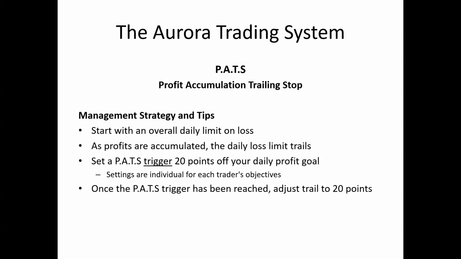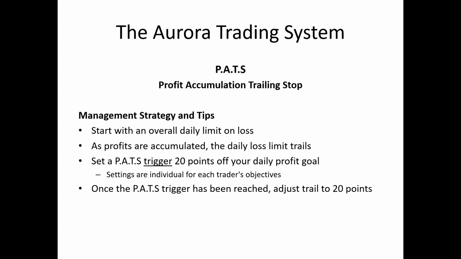If I get to a point where I've accumulated 45 points of profit, I'm not going to give back 45 points plus 85 points. So the concept of PATS is, I got to 45 points.